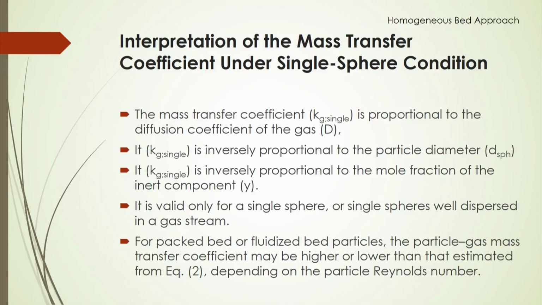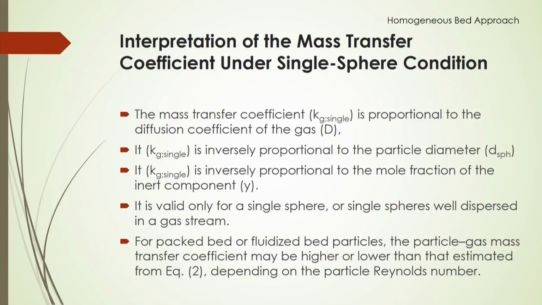That means the mass transfer coefficient for the single particle is inversely proportional to the particle diameter. Again, this single particle mass transfer coefficient will be inversely proportional to the mole fraction of the inert component in the bed, and it is valid only for a single sphere.